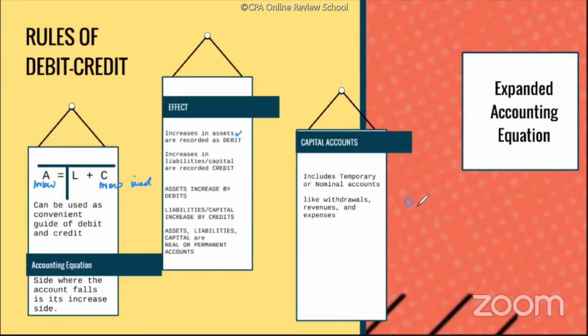So nag-debit ka ng cash amounting to 100,000. Okay? Increase in liabilities or capital recorded in credit. Nag-increase kasi nga nag-invest ka, may capital ka. So yung capital mo, okay? Letter maybe U. Okay? Amounting to 100,000. So yun ang ibig sabihin nito, guys.